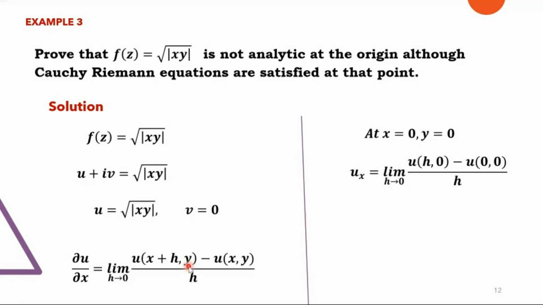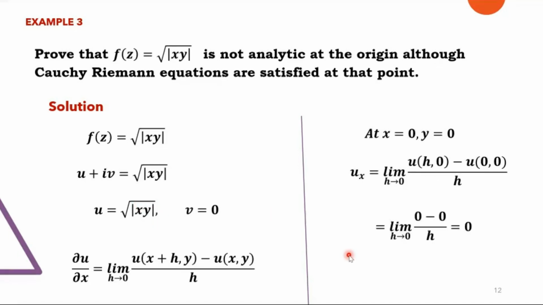What is the value of u of h comma 0? U is this function. What is the value of u of h comma 0? 0 ही होगा because यहाँ पे दोनों 0 है. And what is the value of u of 0 comma 0? यहाँ पे एक ही function u है, दो function है ही नहीं यहाँ पे, तो दोनों u हमको यहाँ से निकालना है. ठीक है, तो u of h comma 0 is also 0, u of 0 comma 0 is also 0. तो पूरा function 0 हो जाता है.